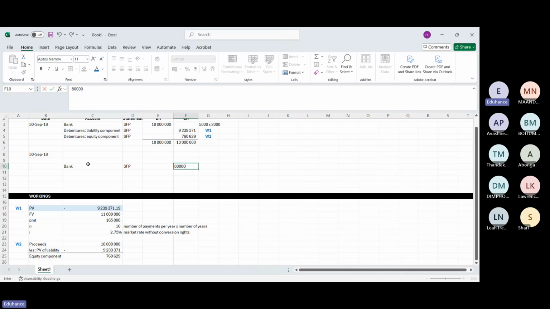This is given. Now, all we have to do is split that 800,000 between the liability component and the equity component.